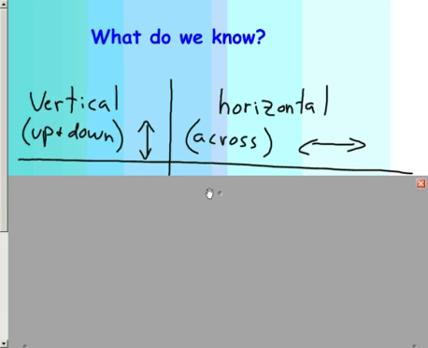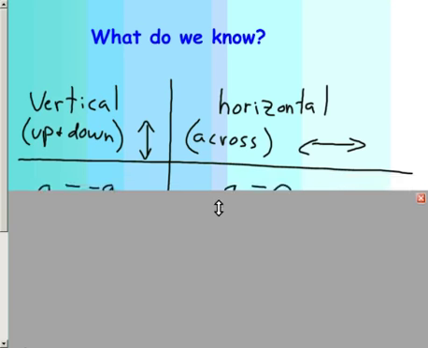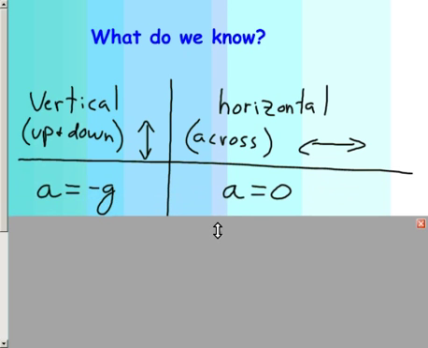A couple things. Let's think about this. If we make up positive, and when you're doing an AP problem, here's what you can do. Just somewhere on your paper, you can put a big arrow and you can write positive. I'm going to do it in two places just so we don't forget. Positive is up.